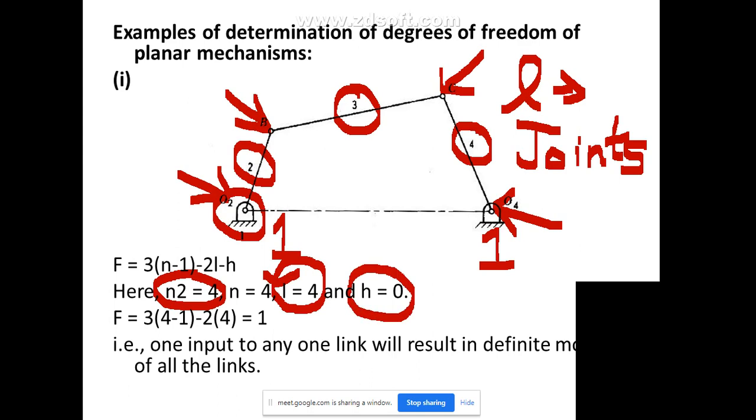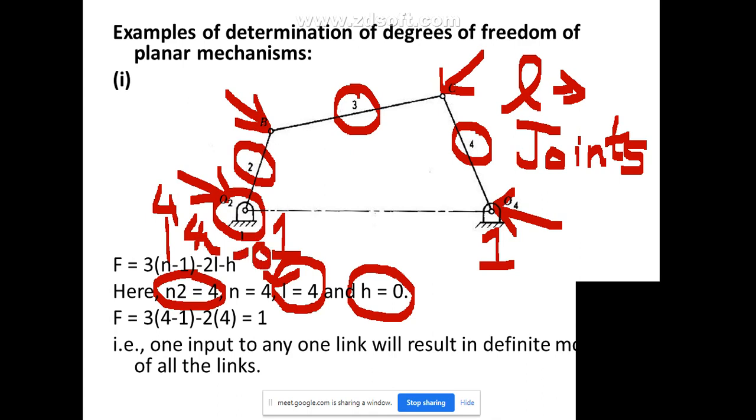Okay. Then we have to substitute in the equation given by Grubler's criteria, that is F is equal to 3(n minus 1) minus 2l minus h. So substitute these values. We have n is equal to 4, and we have lower pairs also 4, and we have h as 0.